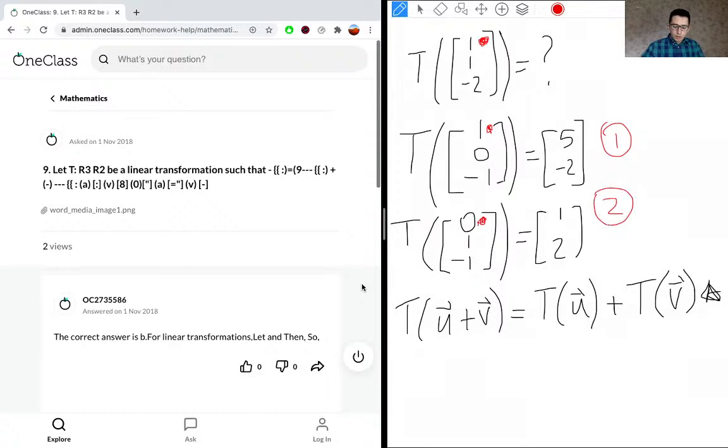If we did the first component, 1 plus 0, we would get the 1 up here. If we did the second component, 0 plus 1, we would also get the 1. And then if we did negative 1 plus negative 1, we would get negative 2. So we can see how this applies here. If we added these two together, we will be able to solve for the transformation here.